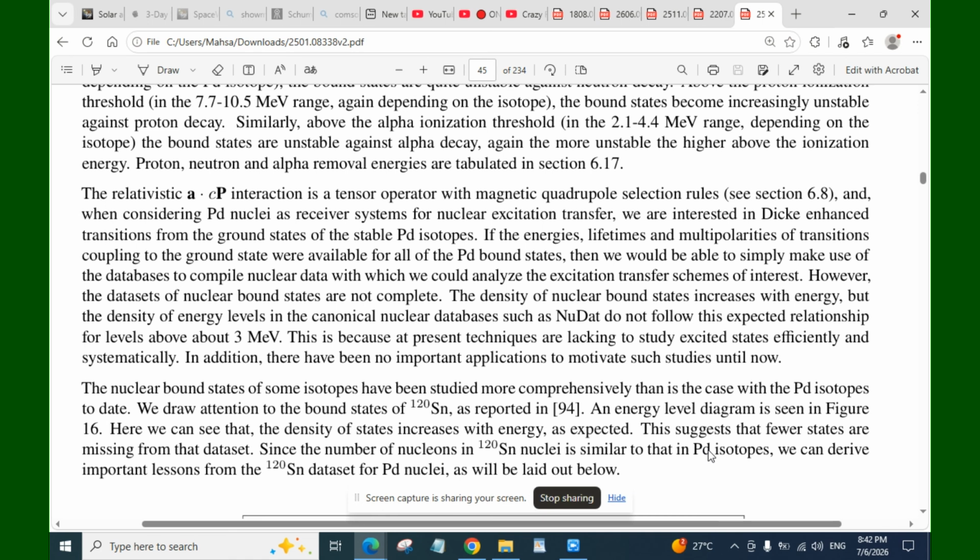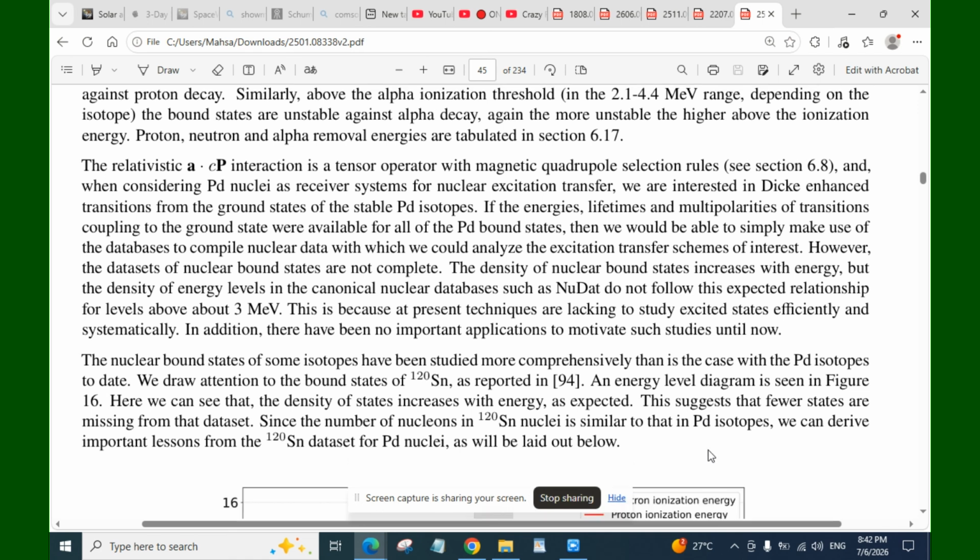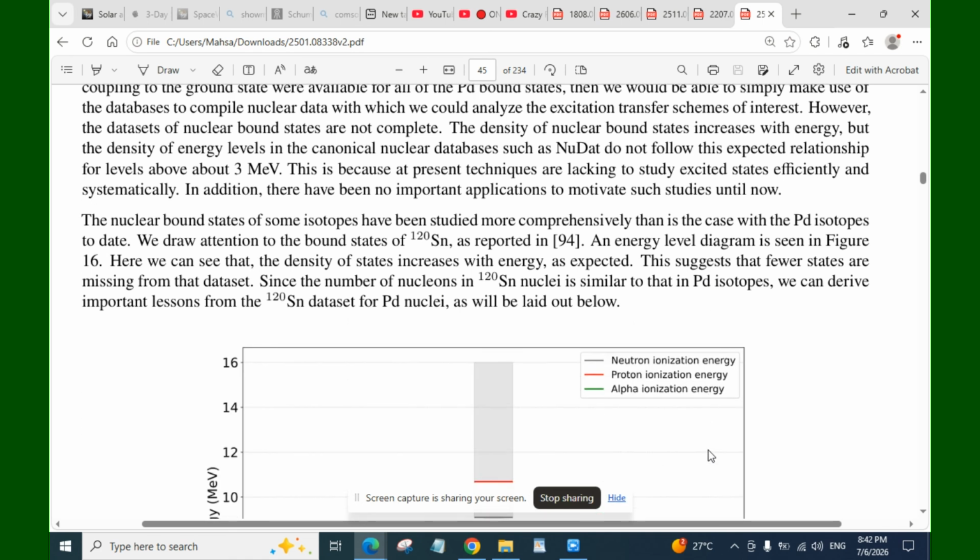The nuclear bound states of some isotopes have been studied more comprehensively than is the case with the palladium isotopes. To illustrate, we draw attention to the bound states of Sn-120 as reported in reference 94. An energy level diagram is seen in figure 16.